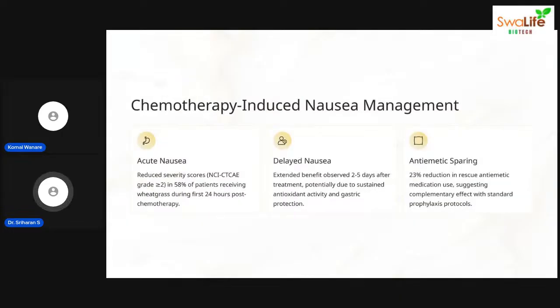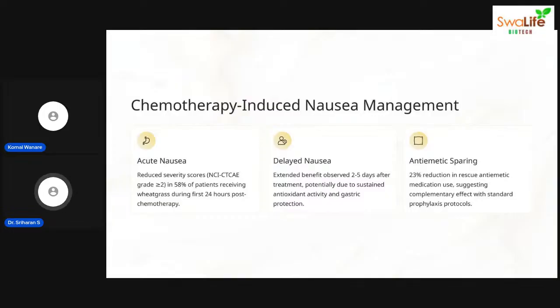Chemotherapy-induced nausea management. As you know, the main side effect of chemotherapy is nausea. Induced nausea is a major problem. So there is acute nausea, delayed nausea, and antiemetic sparing.